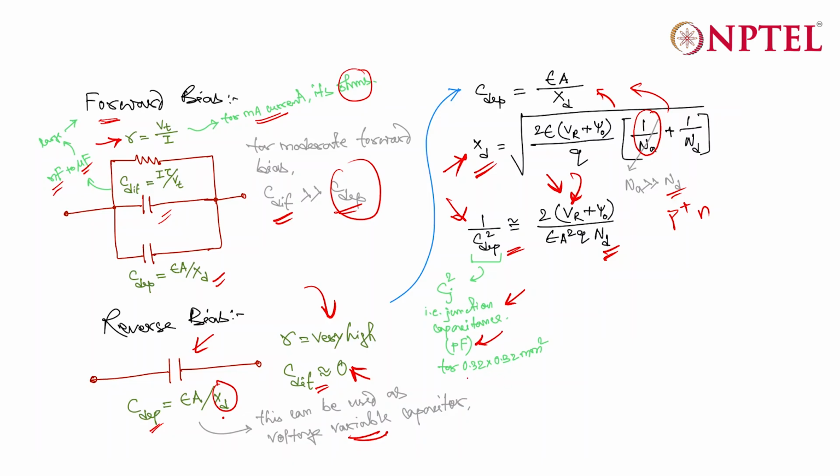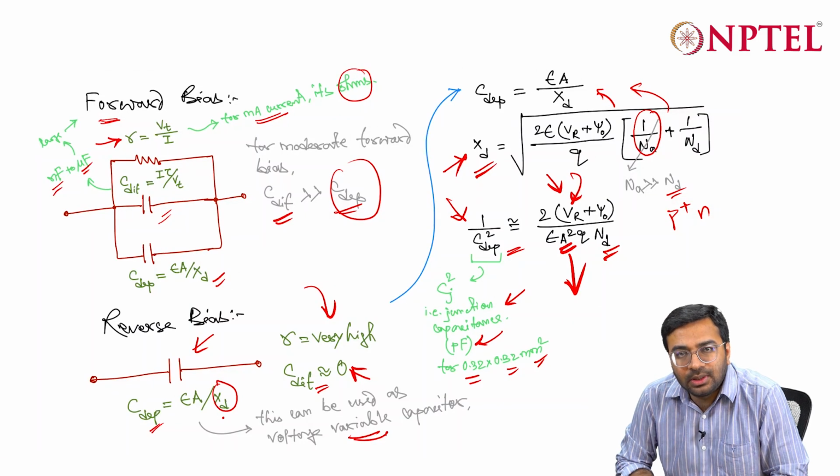It depends on the area, because the cross-sectional area is a parameter here. If you consider a 0.32 into 0.32 mm square area for the PN junction, the range of that junction capacitance is around picofarad.